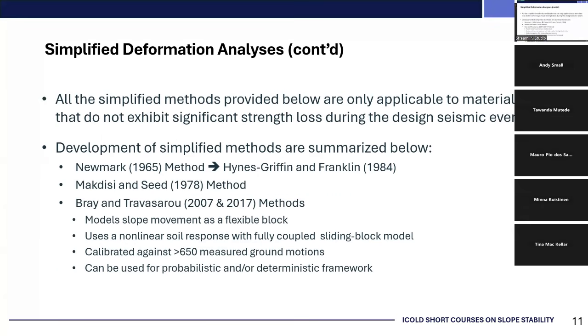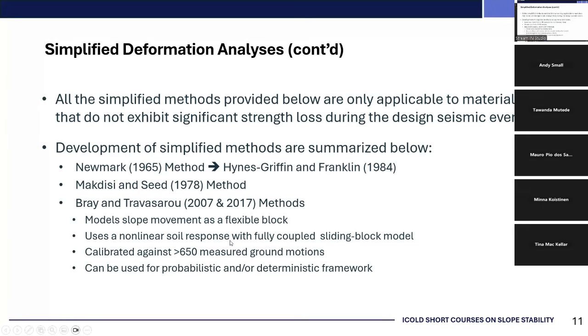I've talked a bit about that already. So there's a number of different simplified methods. There's a Newmark method, which is very simple, and Makdisi-Seed. But really, the state of practice is Bray and Travasarou's or Bray and Macedo's work, which takes the slope movement as a flexible block.